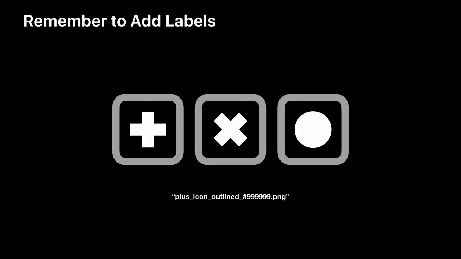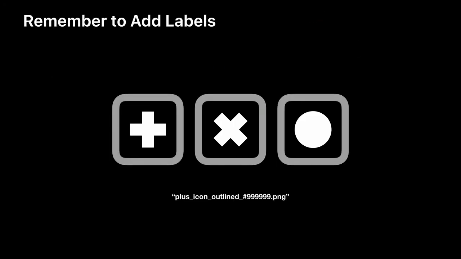So now let's talk about some best practices when considering what a label should be. First and foremost, always remember to add labels to your apps. This is crucial. If a label's not added, VoiceOver might speak something like, button, button, button. And for all I know, guys, that could be the delete hard drive partition button. And I wouldn't want to press that.